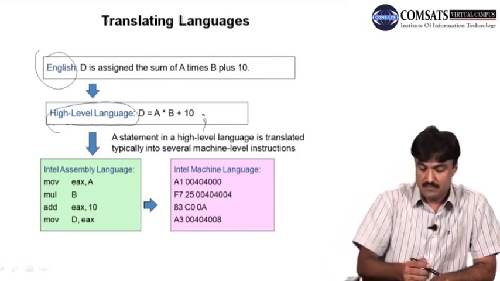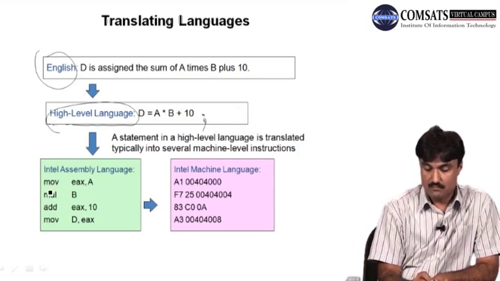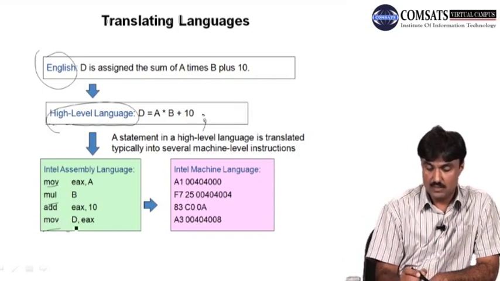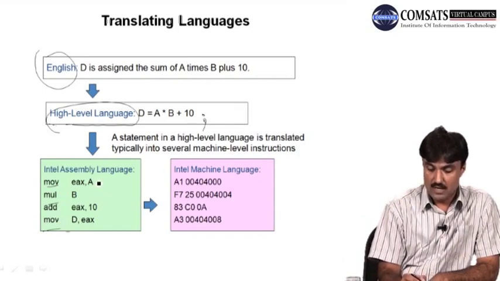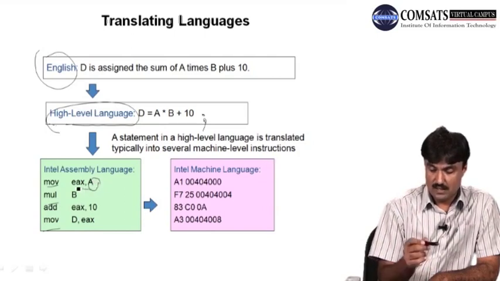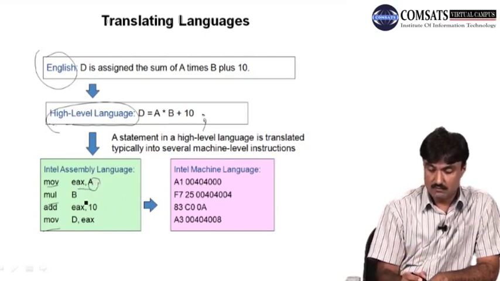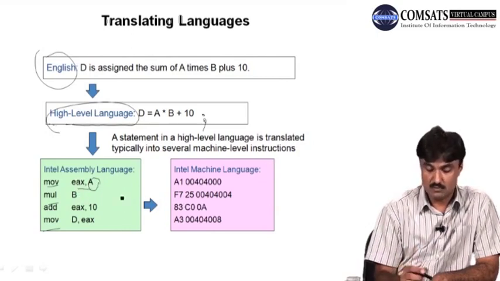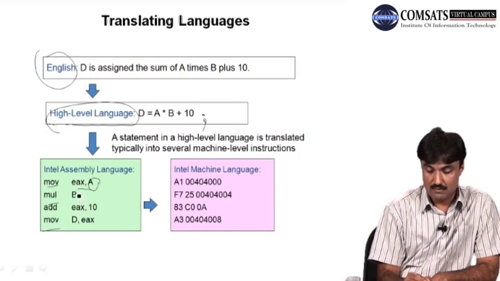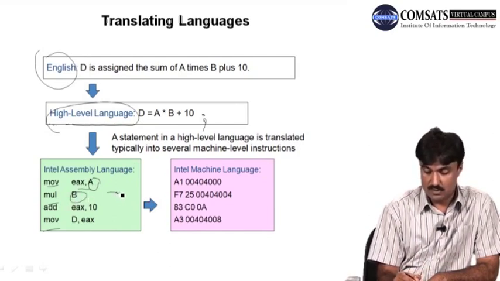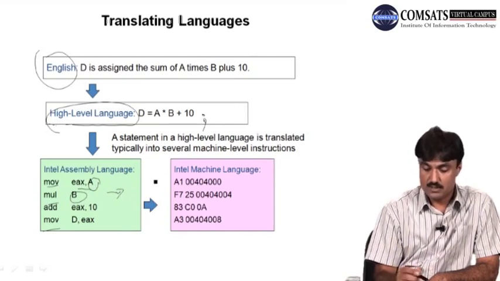Inside the assembly language, we have to use different instructions like move, multiply, add, and move. There's a value A which we have to move into some register, the accumulator or other registers, which we will discuss in more detail. Then we multiply, and the result will be stored inside the accumulator.